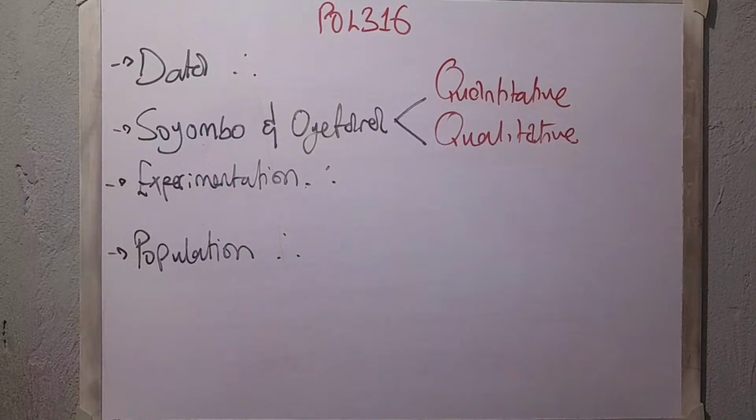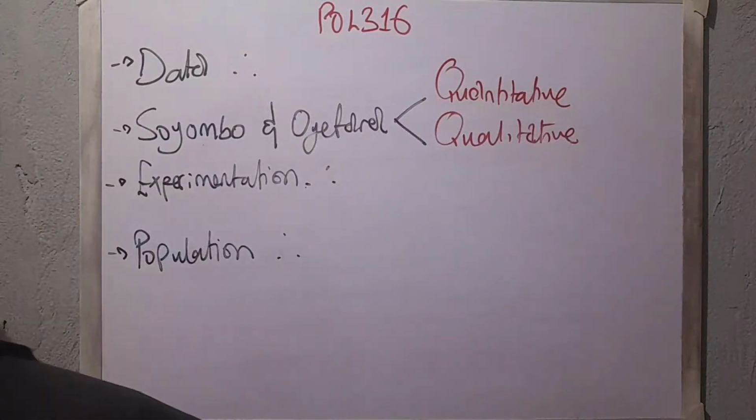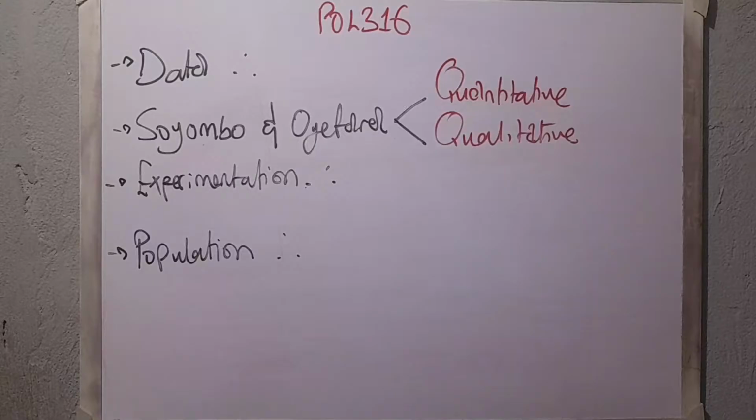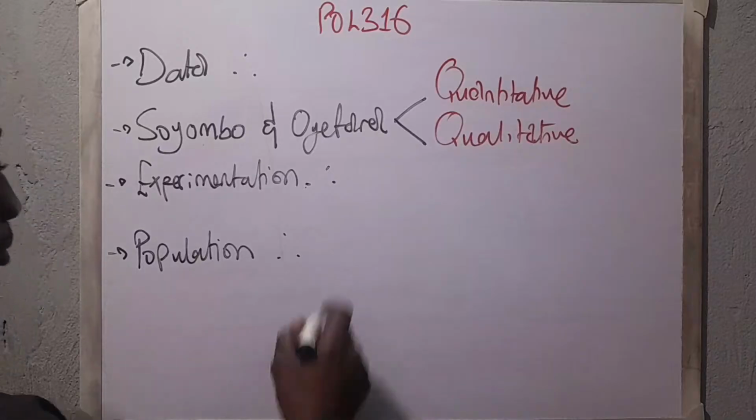It's not possible. There is no way to design a research without defining its population and sample. Population is the total number of the subjects, while sample is drawn from the population.